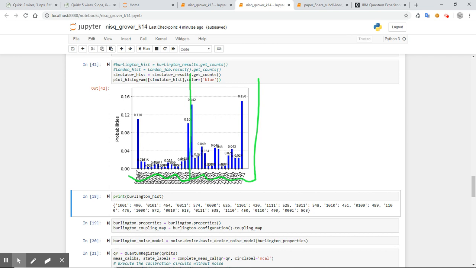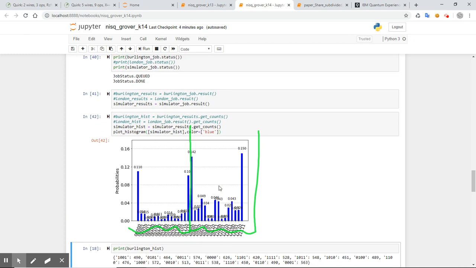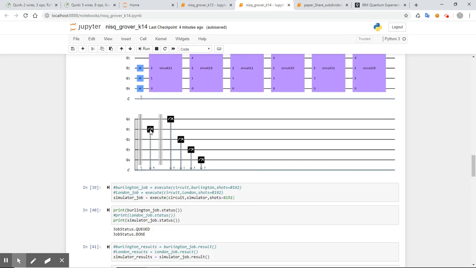I mean, this one here is this. So if this qubit is 0, I think that's going to be in the qubit 4.